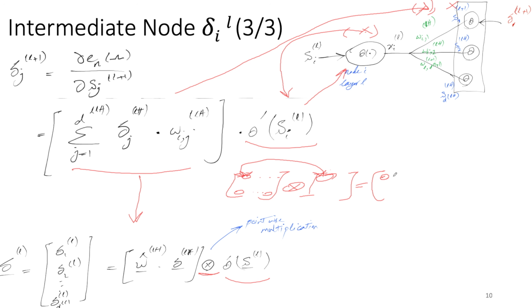It would be this, multiply that. Suppose you had square here, you would have to multiply this to that, so square. So that's why we have a pointwise. In the vector space, we have to calculate it this way. And we know that this is always 1 minus theta square of SL.